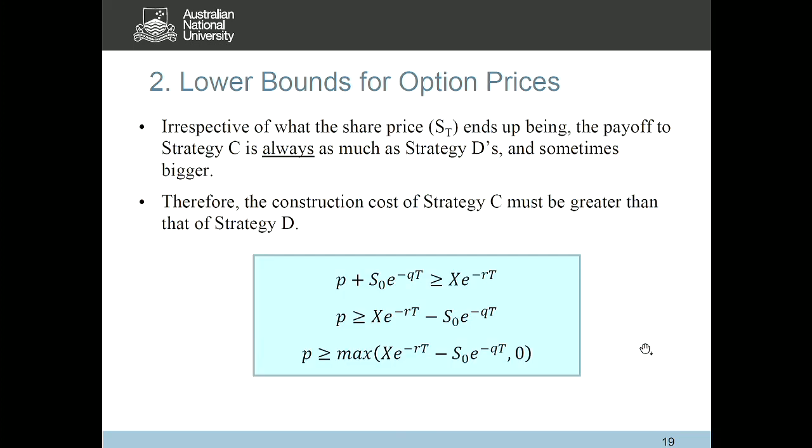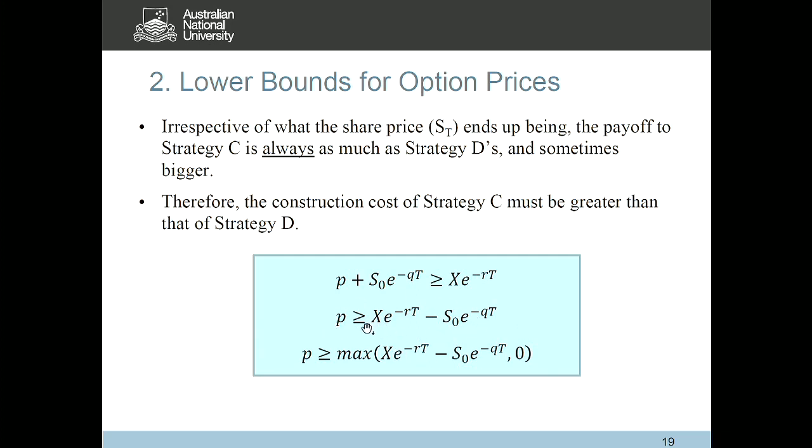Then again, we need to work out the construction cost for portfolio C and the construction cost for portfolio D. Well, in portfolio C, we bought a put option, so that's P plus this much share. And in portfolio D, we bought a zero coupon bond by paying the present value of the face value. Then you rearrange this equation, you get the lower bound for the put option is simply this.